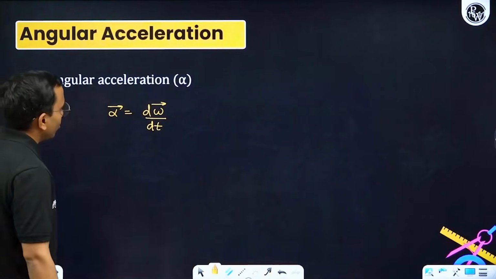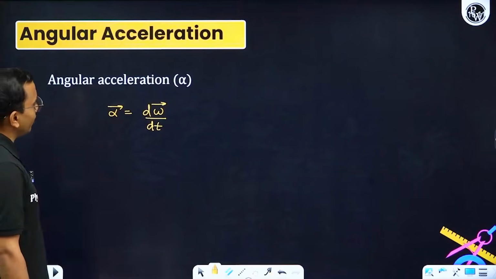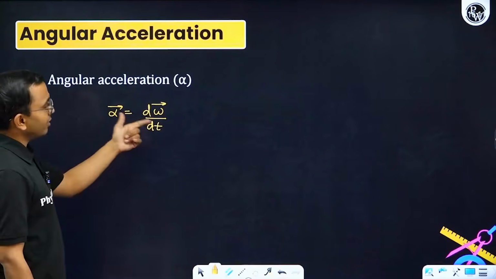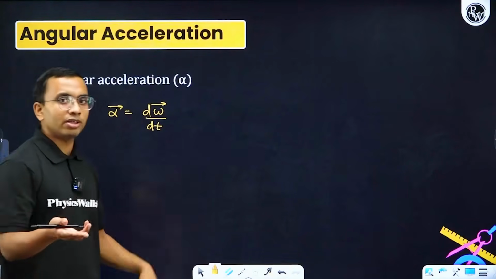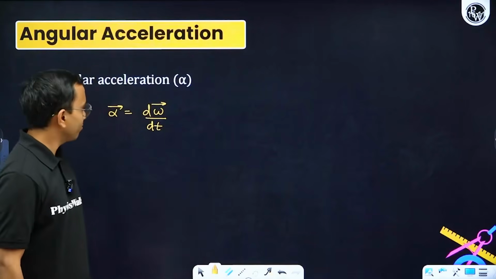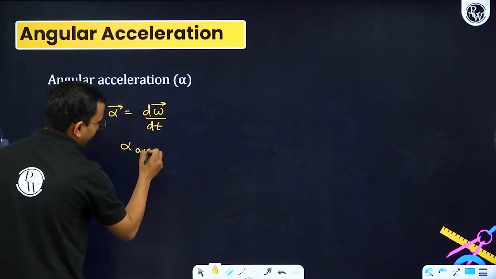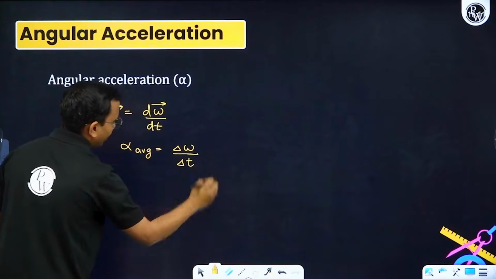So how do we define the direction of alpha? If omega is increasing, alpha is in the direction of omega. If omega is decreasing, alpha is in the direction opposite to that of omega. And similarly, the average angular acceleration is the change in angular velocity divided by the time interval.